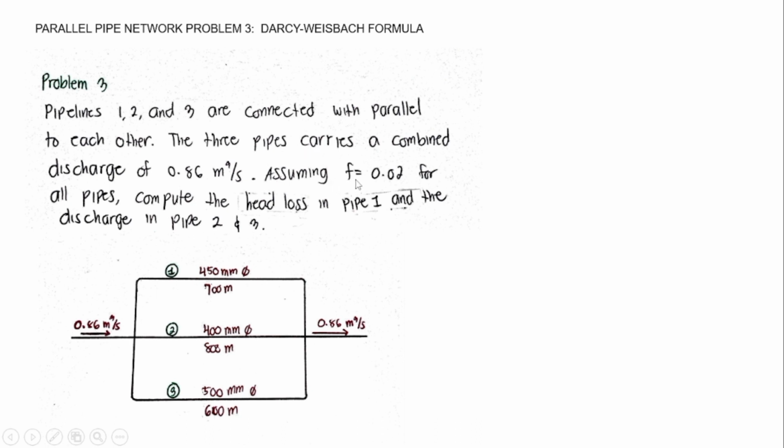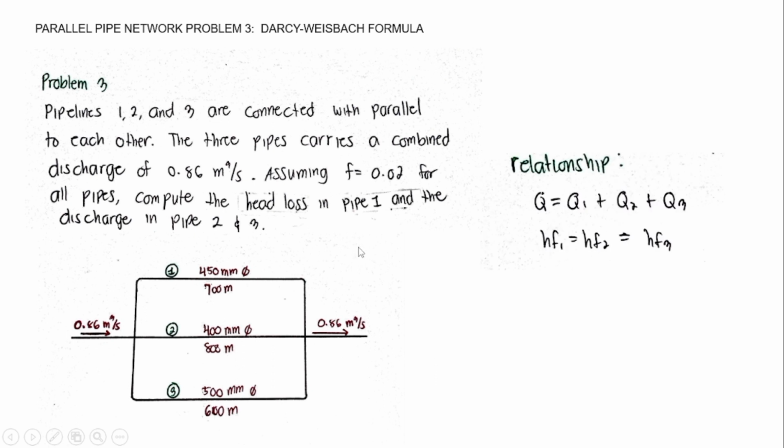Assuming a friction factor f of 0.02 for all pipes, compute the head loss in pipe 1 and the discharge in pipes 2 and 3. So here is our illustration, and we are also given the properties of the pipes and the friction factor.